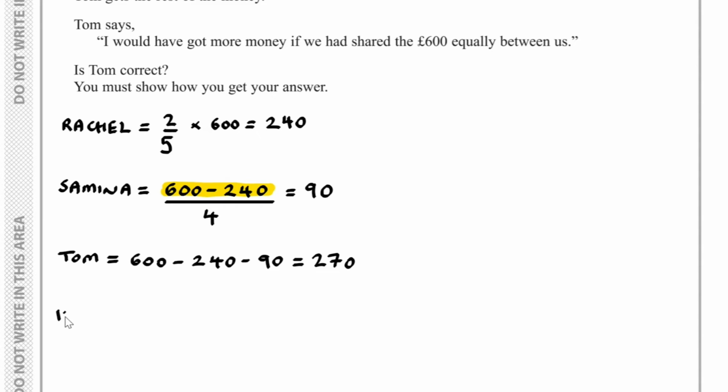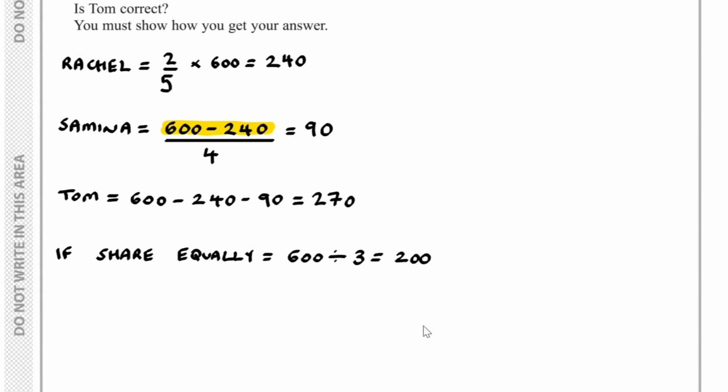And what we can do then is say that if we share the money equally, then we've got 600 divided by 3, which is 200. So if we share the money equally, we get 200. So does he get more if we share equally? No, he doesn't. So therefore we can conclude that Tom is incorrect.